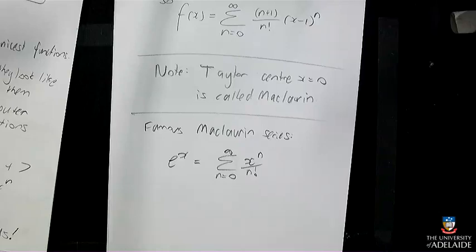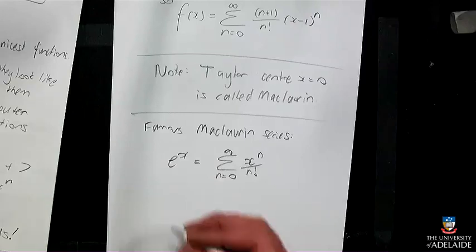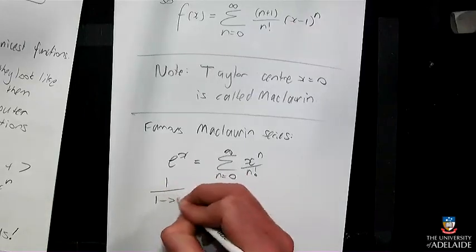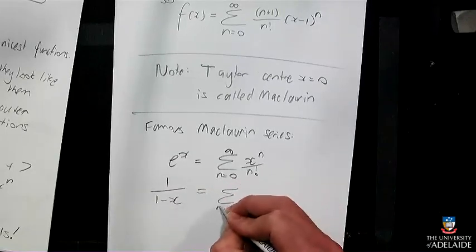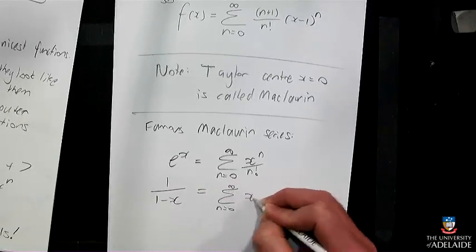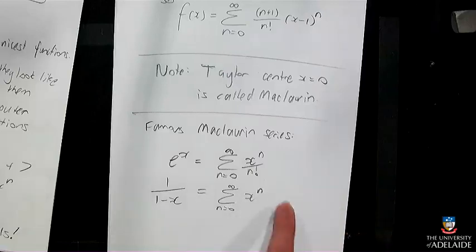And there's another one that's pretty famous, but you don't normally call it a Maclaurin series. It's this. And this thing here is called a geometric series.